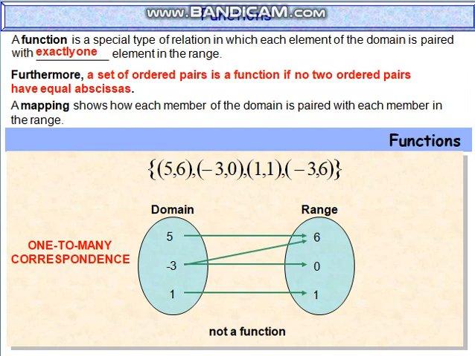In the domain, for example, 5, -3, 1, -3. -3 comes one time, only one time we take one element. -5 is connected to 6, -3 is connected to 6, -3 is connected to 1, 1 is connected to 1. -3 connects two elements, 6 and 0. That is why we call this one to many correspondence, but it is not a function.